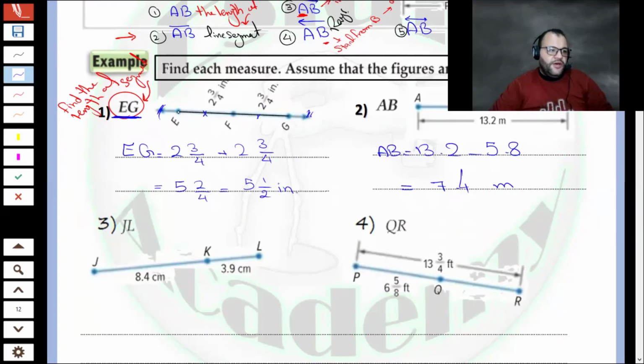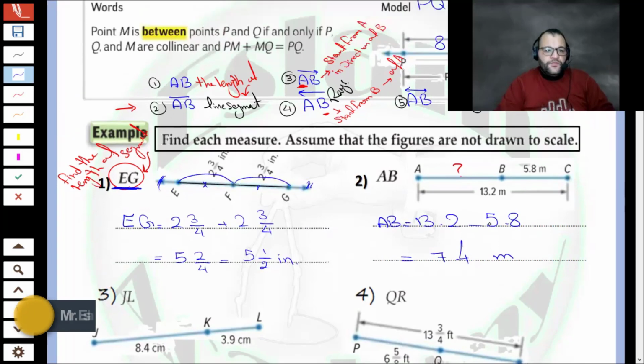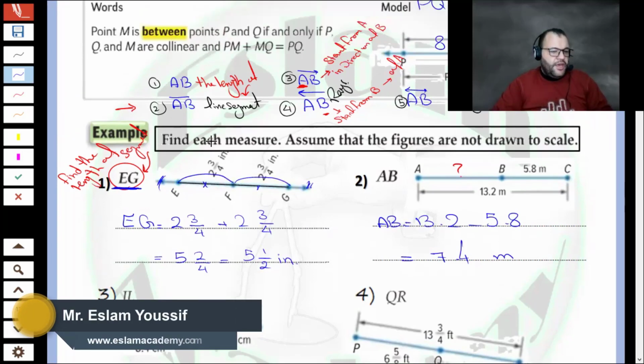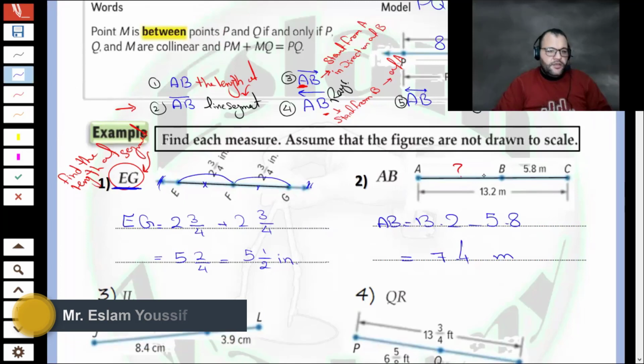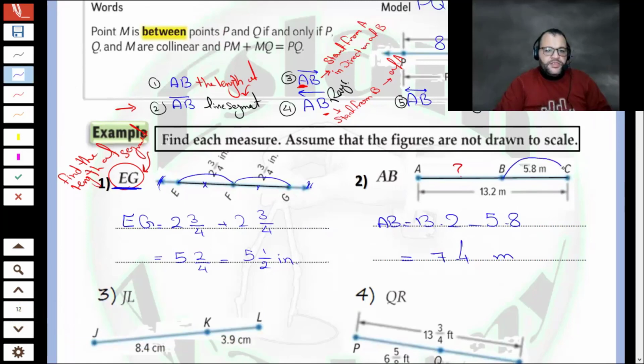You have EF and FG, the two small parts, and you need to find the length of the whole part. So if you have the two parts and you need to find the whole part, you add. But for number 2, you have the length of all of AB, and BC, and you need to find the other small part. You understand the idea for this one?